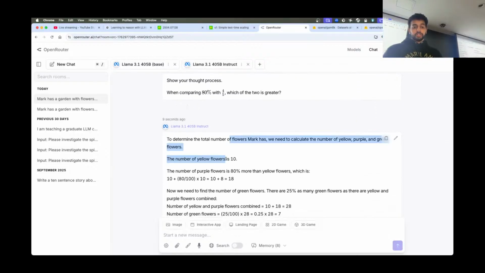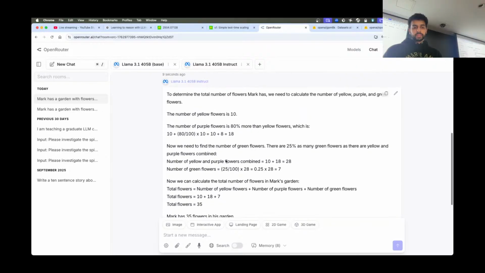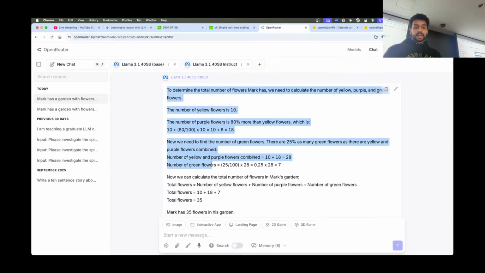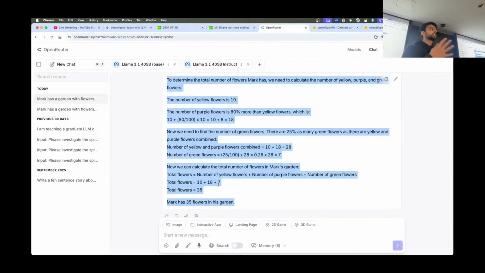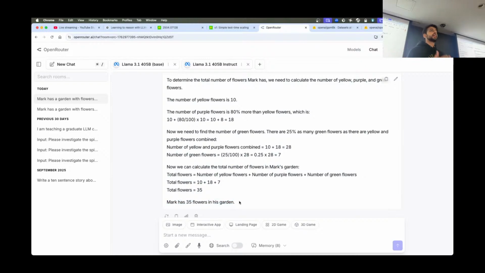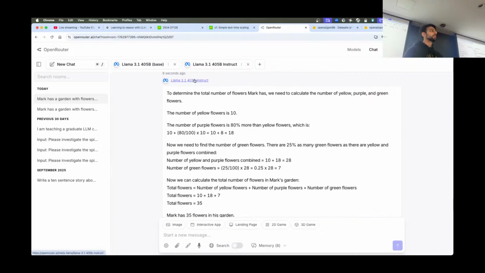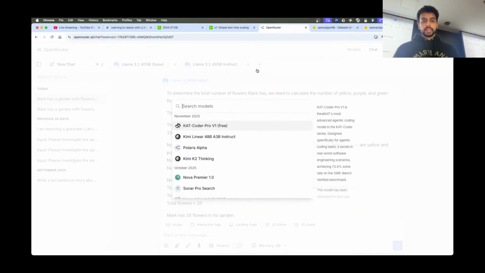The instruction-tuned model actually gets it correct, but you can see that this model generates its chain of thought and then produces the final answer all within the same response. So there's no real distinction between the thinking process and the final answer in terms of special tokens. This model was trained before o1 and DeepSeek were introduced, and it did not have this concept of increasing the test-time token budget of the model to improve performance.